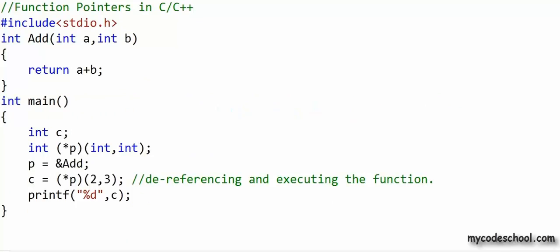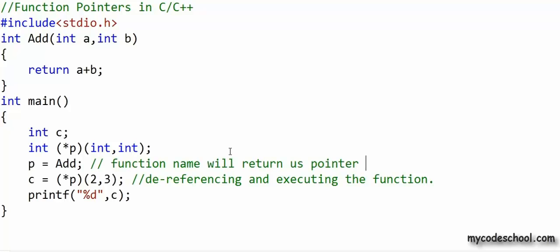Okay, few more things. In this initialization here, we are using this ampersand operator. Even if we do not use this ampersand operator, it will mean the same. Just using the function name will also return us address of the function, or in other words, an appropriate pointer.